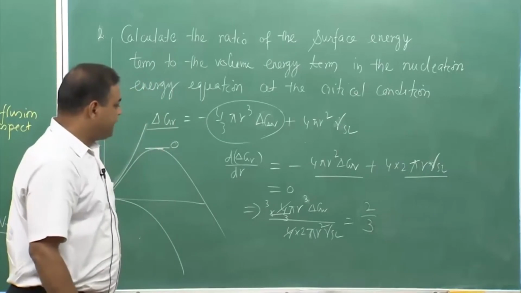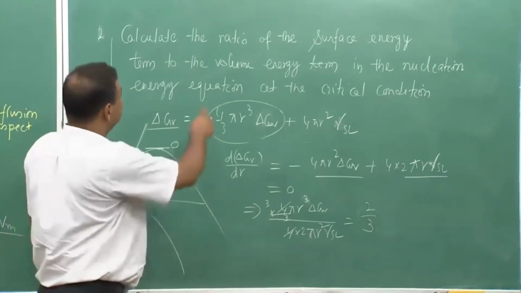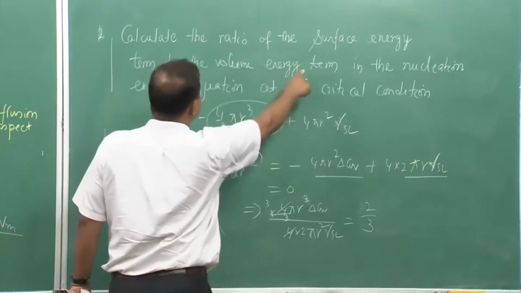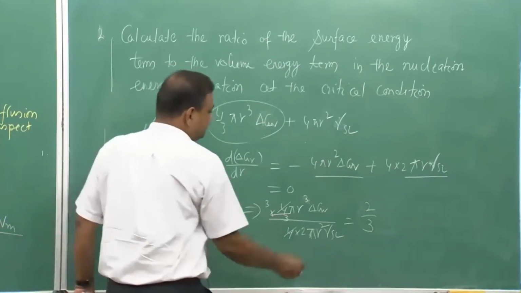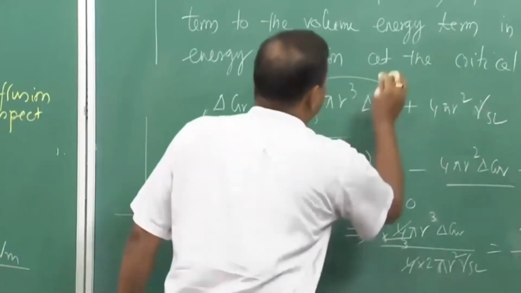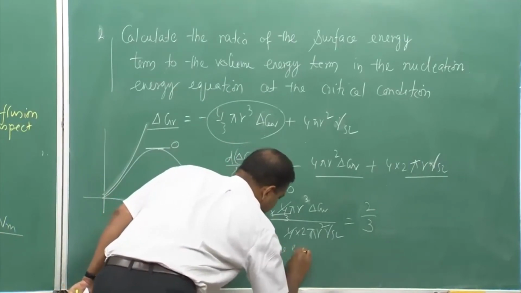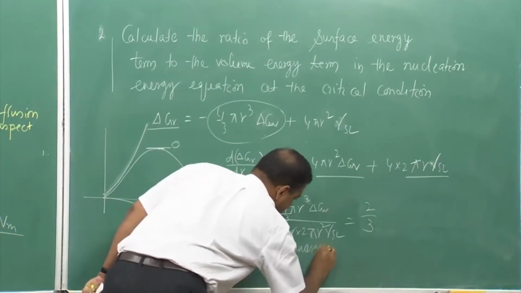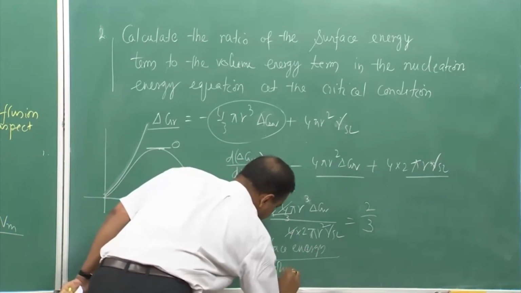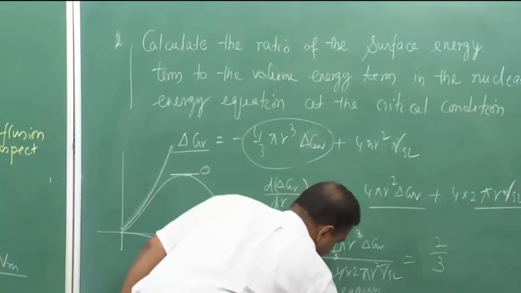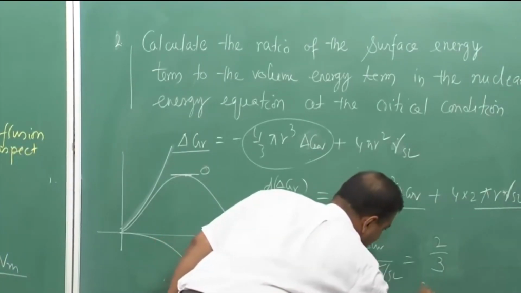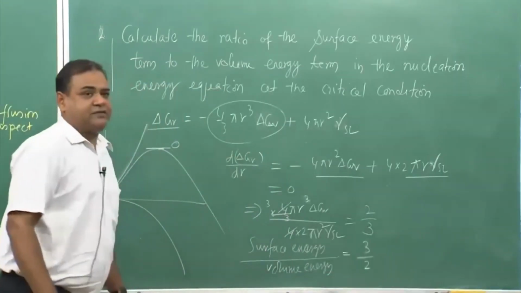Okay. Now, if I look at the surface energy to the volume energy term, it just reverses. So, these terms, surface energy to volume energy, is equal to 3 by 2. Okay, this is the answer.